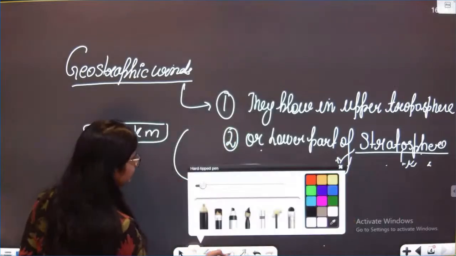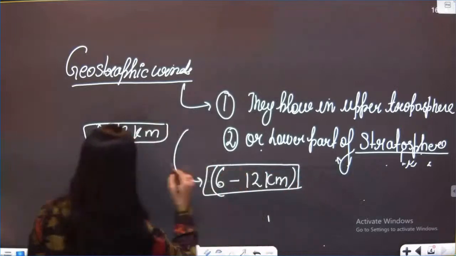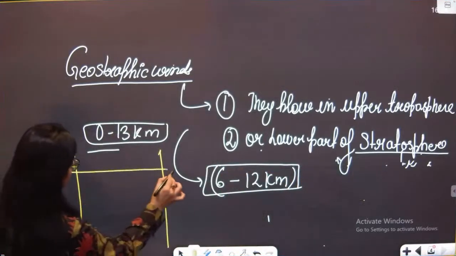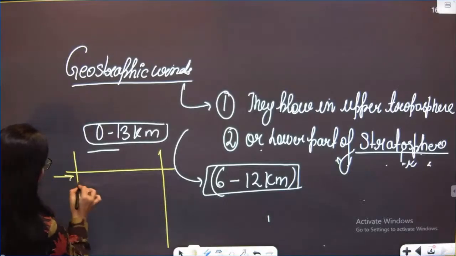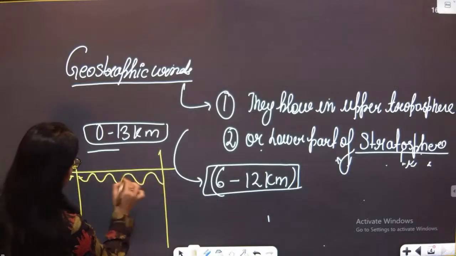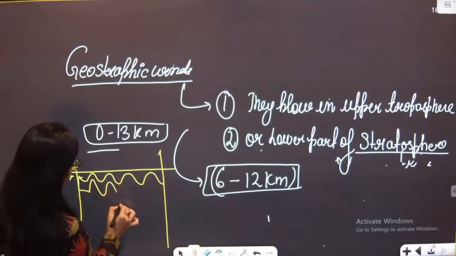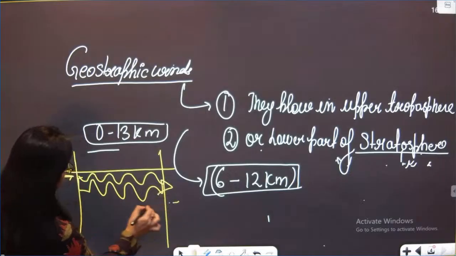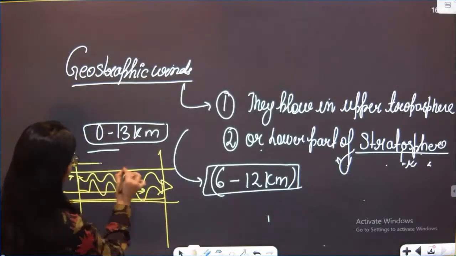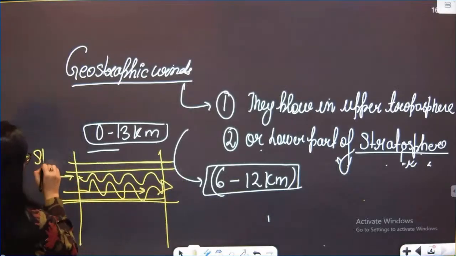So ideally, if I want to show you how they look, this is your troposphere till here. So winds will be blowing from this direction, in this particular part. This is your stratosphere.